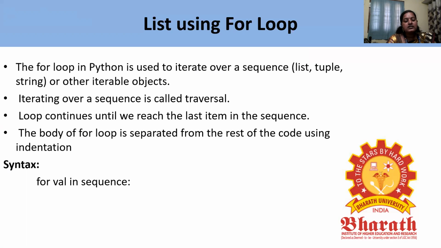The syntax is: for val in sequence, colon, and then on the next line you have to give some space before you start, that is indentation. You have to follow indentation in for and while. For all the loops we are going to use, we have to use the indentation concept.